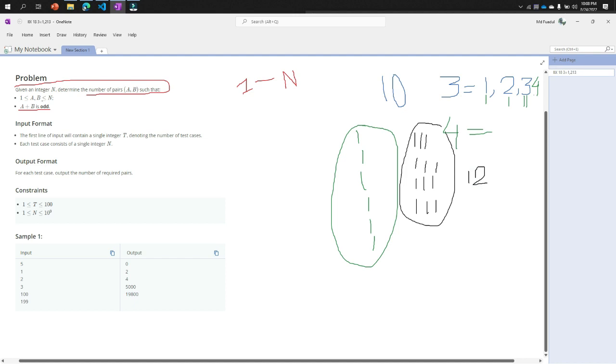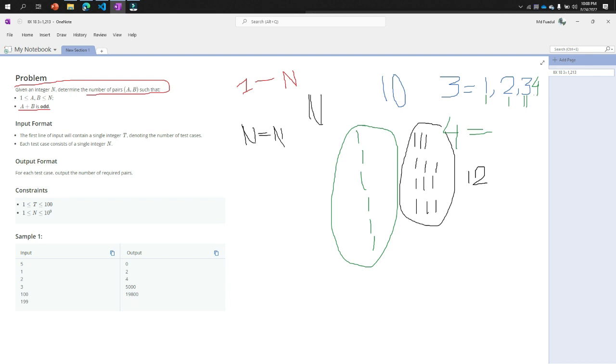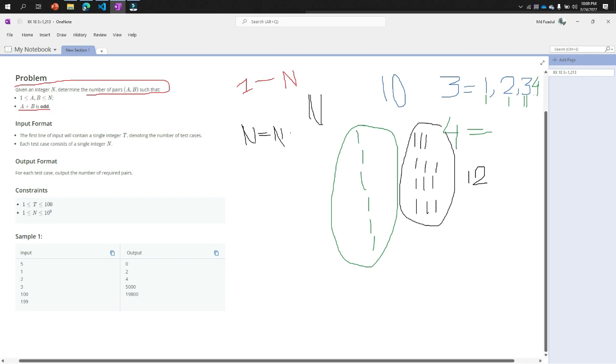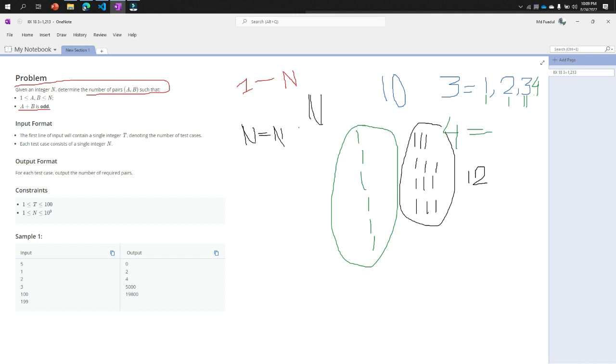Now as in the problem, the number is n. So how can we make a general formula for how many pairs we can build with n? For n equal to 2, we get 2 into 2 minus 1.